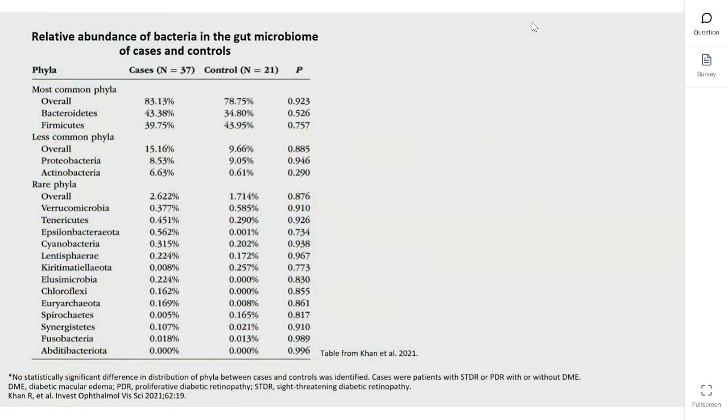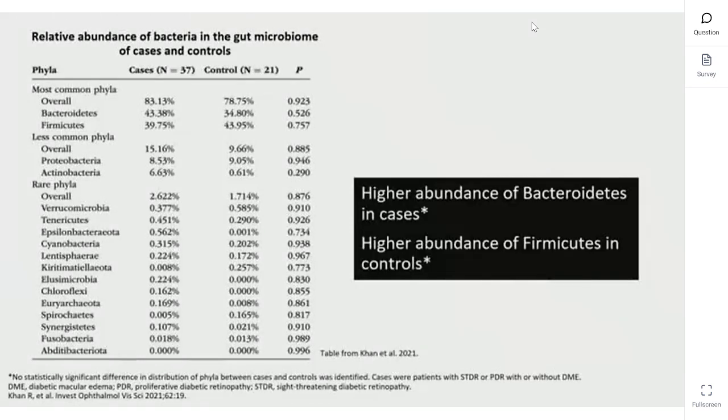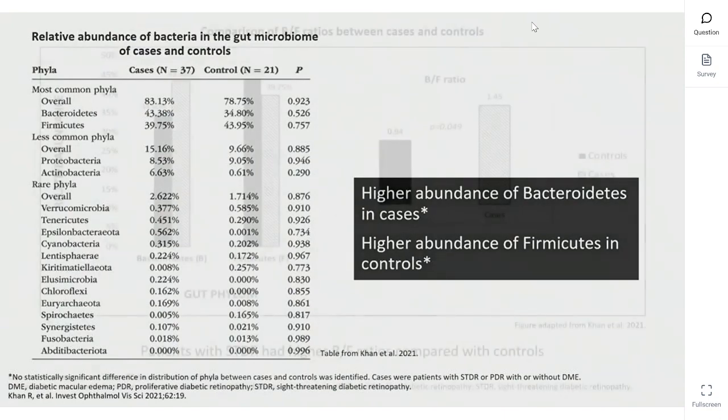And of them, if you look at the two important phyla, there is a change which is happening in controls and cases. So cases, meaning sight-threatening diabetic retinopathy, have more abundance of bacteroides species, whereas controls, those who didn't have diabetic retinopathy, had a higher abundance of firmicutes.